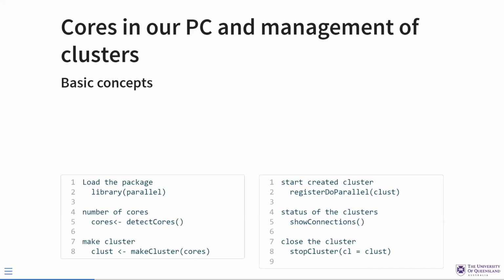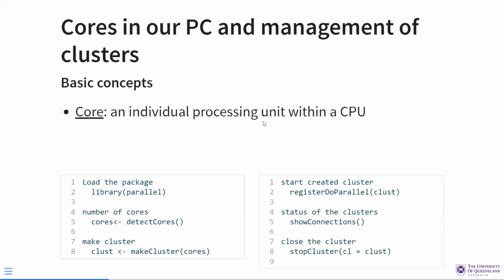Well, some basic concepts, because we need this before starting to look at some examples and all that. So basic concepts. When I talk about a core here in R, it's intended as an individual processing unit within a CPU. I know there are different definitions of cores, but for R, it's basically an individual processing unit within a CPU, being virtual or physical.